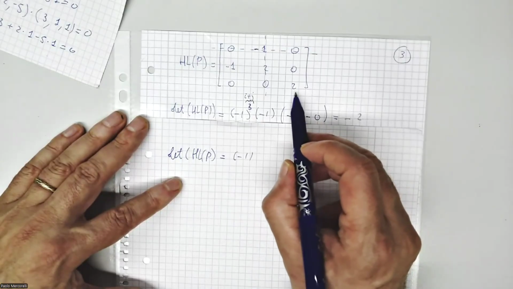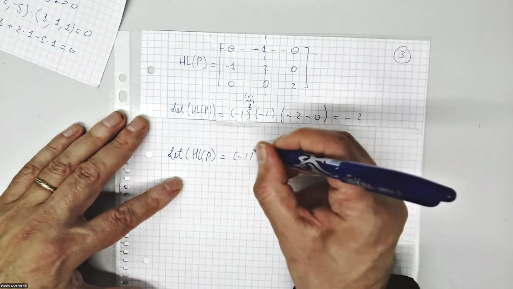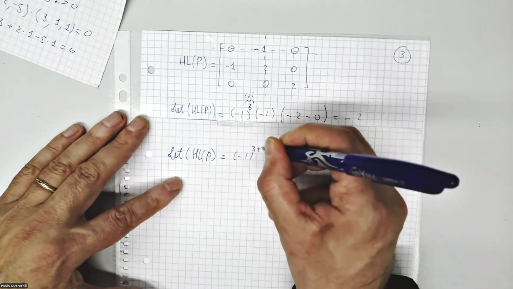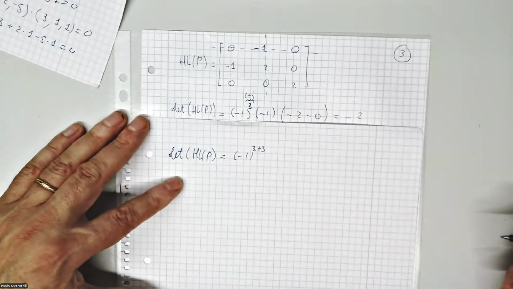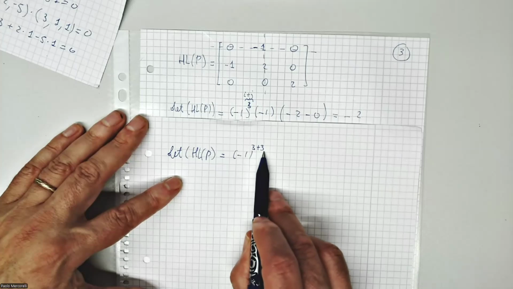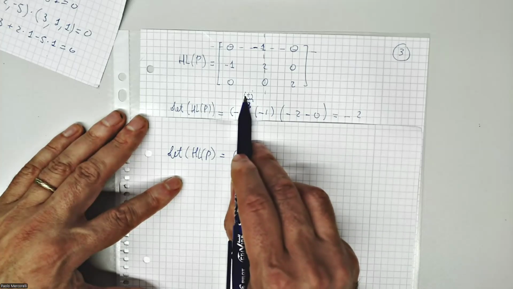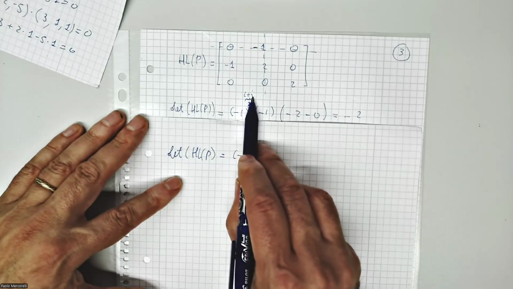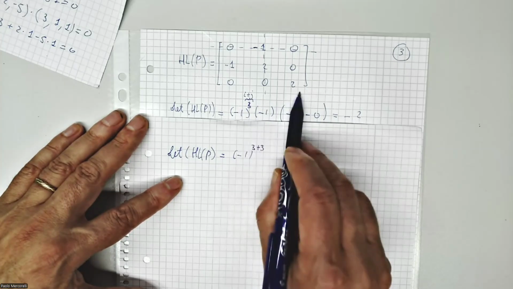This is the element 3, 3. This means 3 plus 3. i equal 3, j equal 3. Remember, here we had i equal 1, j equal 2. Therefore, 3. Did you agree?